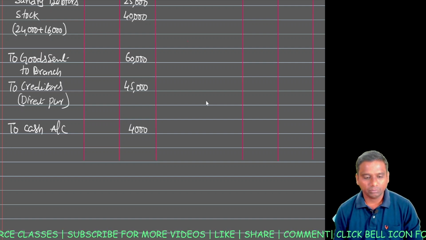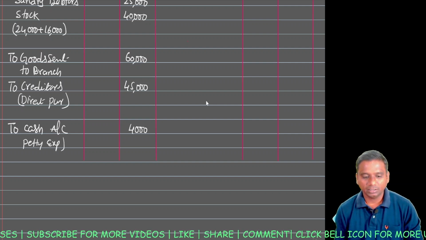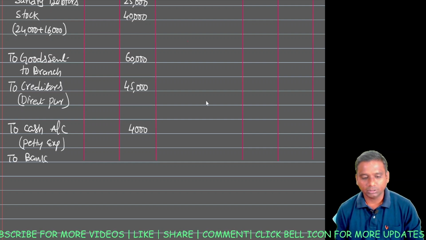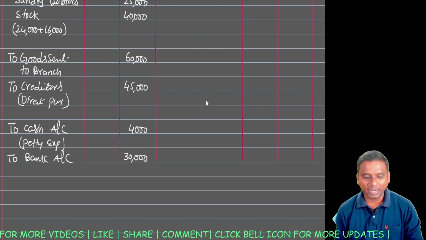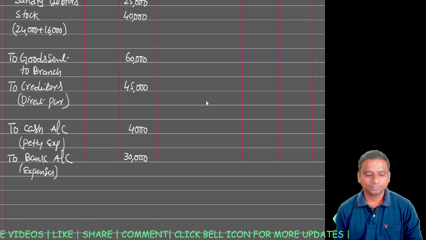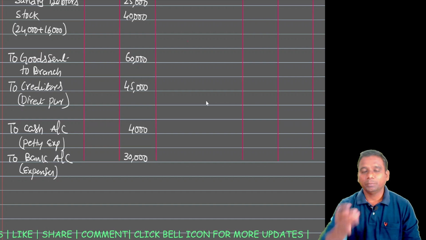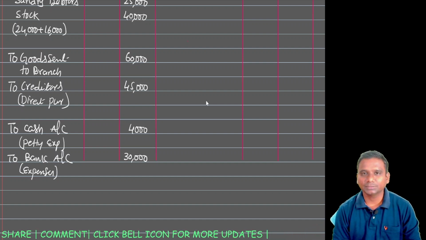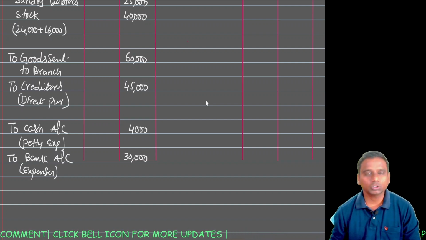Next, in the bracket we mention petty expenses, and we have paid some amount, 30,000 rupees, for branch expenses. Yes or no? These are two different transactions. Petty expenses 4,000, we have given cash directly, and 30,000 rupees expenses. I hope you understood this.